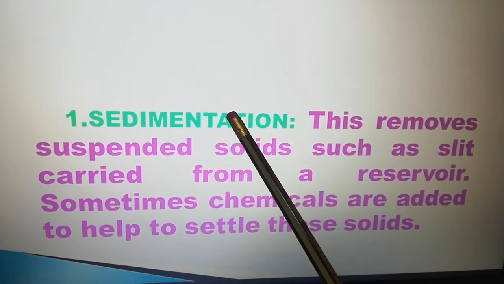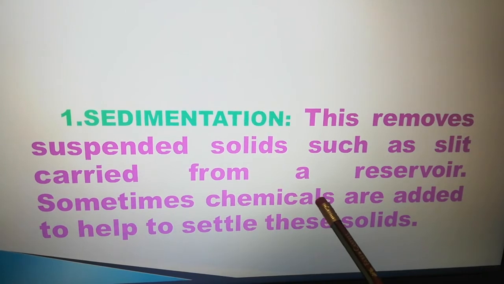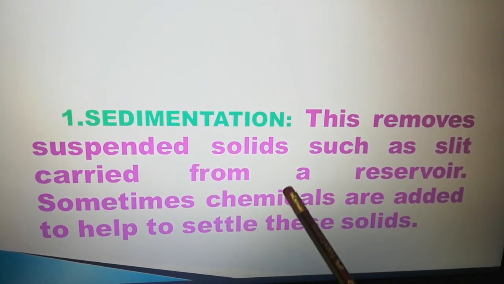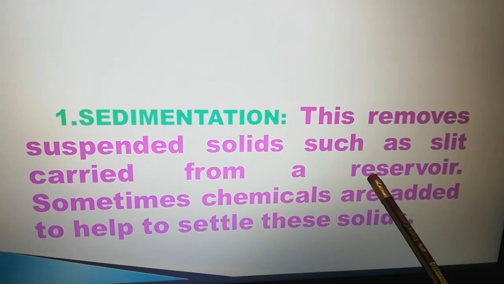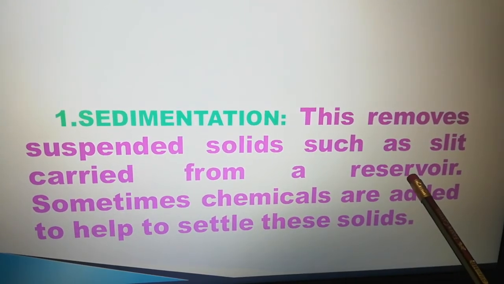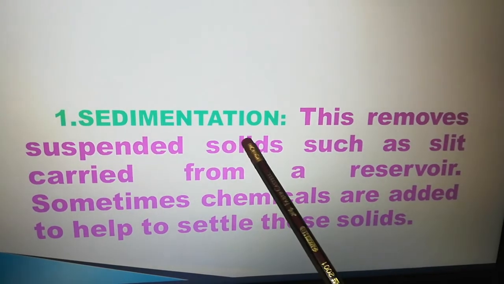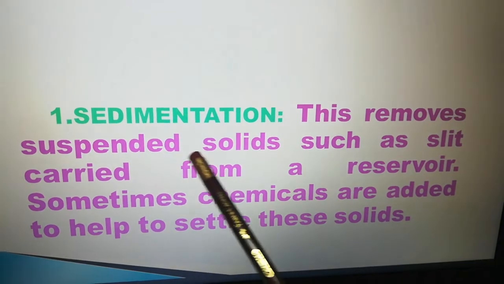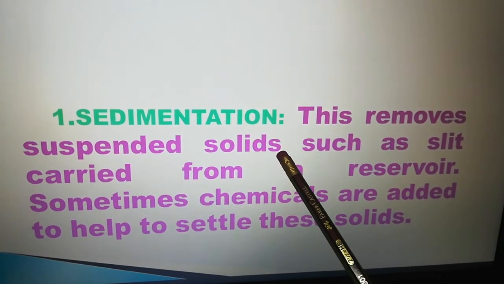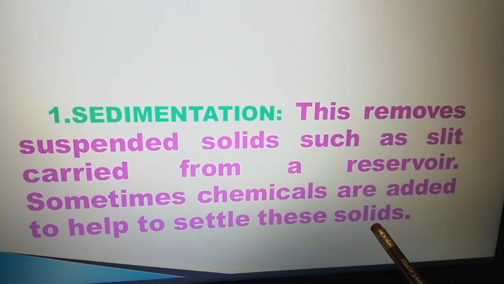Here in the sedimentation tank, we add chemicals like calcium carbonate or sodium silicate. Why? Because the water that comes directly from the reservoir carries suspended solids such as silicates. These chemicals help the suspended solids settle at the bottom of the tank.